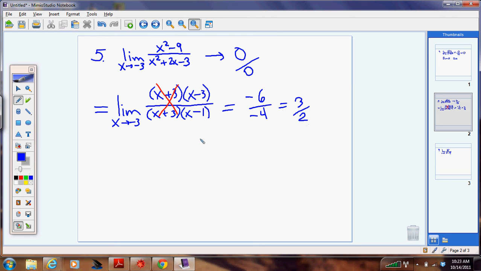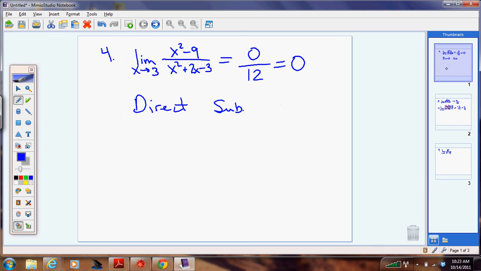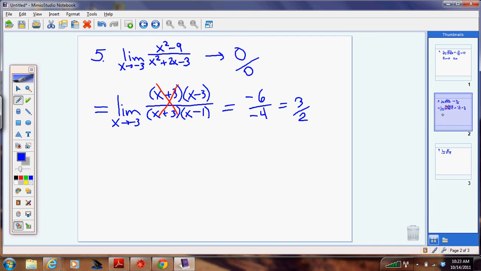So although we had the same expression, we had to use two different techniques. In problem number 4, we could use direct substitution and get a meaningful result, and in number 5, direct substitution failed, so we had to rewrite the expression using algebra and find a better method to evaluate it.